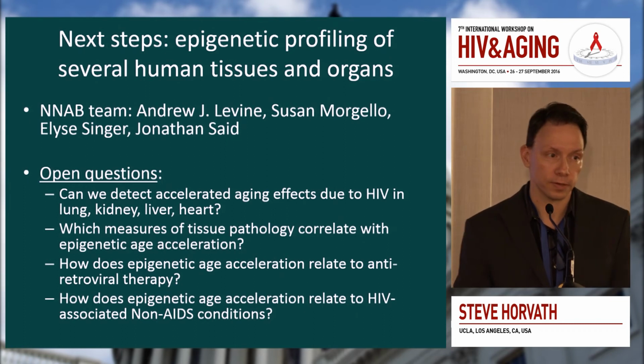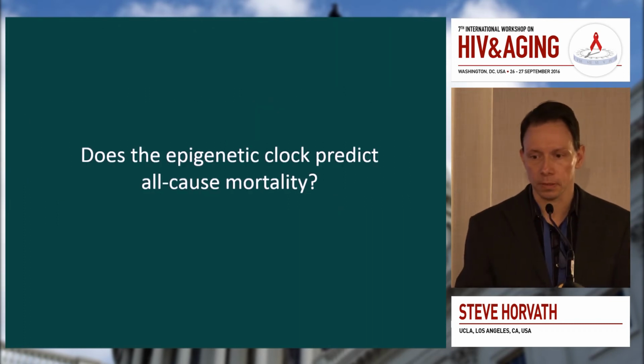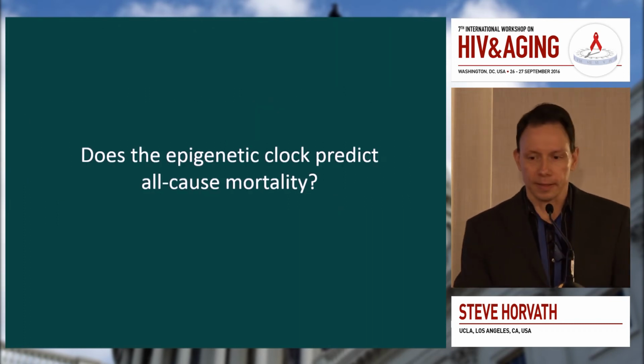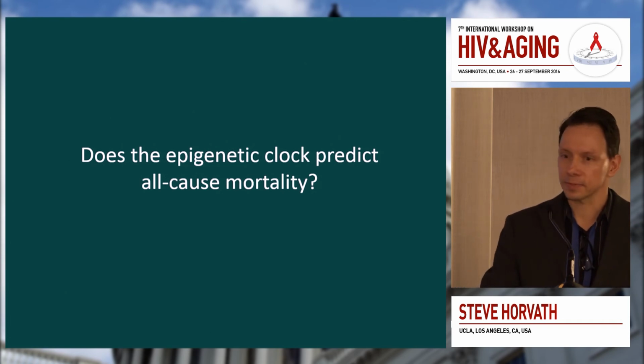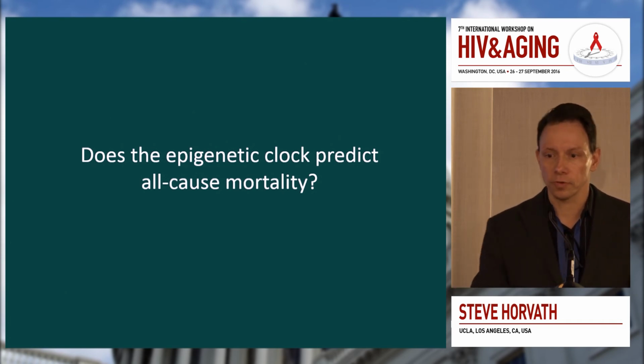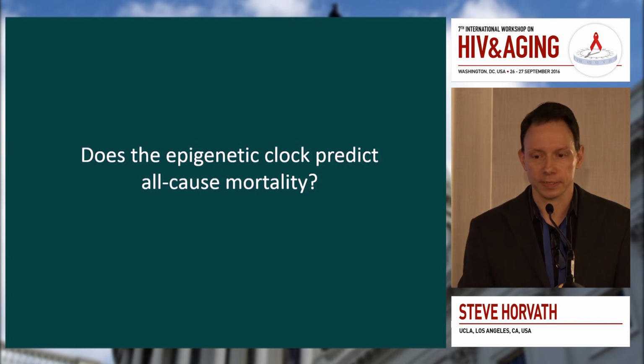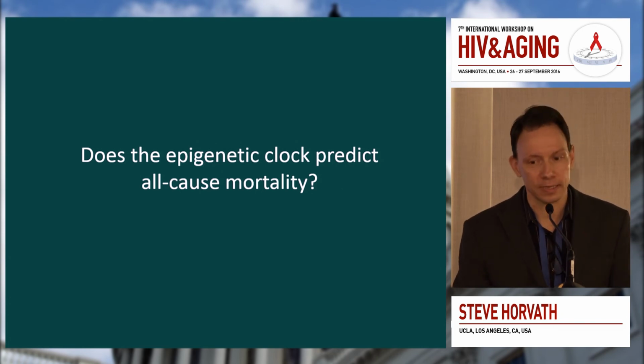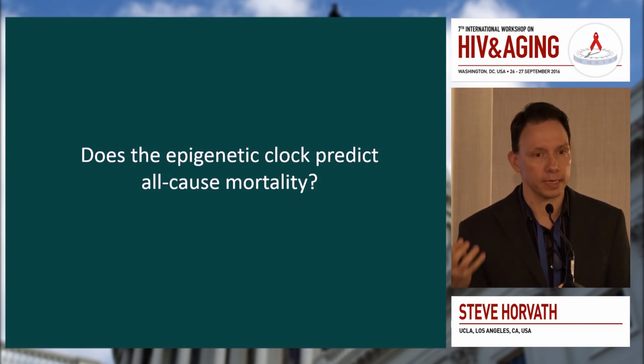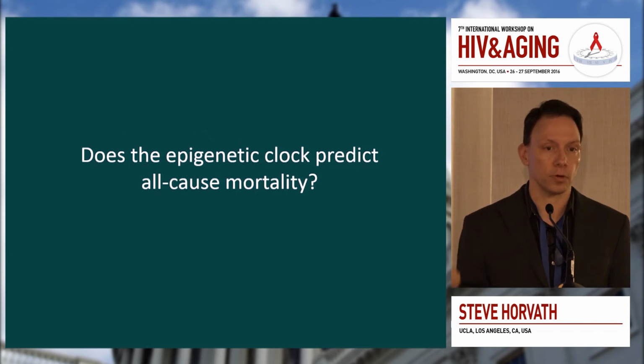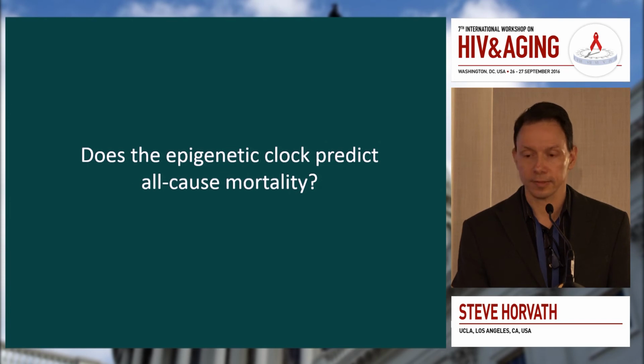So I want to shift gears and just provide you a broader view of the aging applications. The ultimate question is, does the epigenetic clock actually predict all-cause mortality? And why do we want to answer that question?